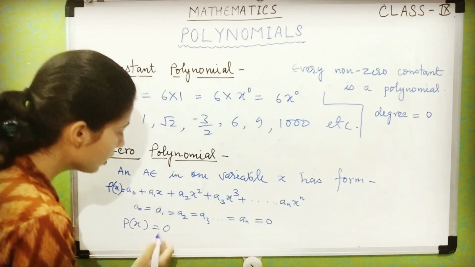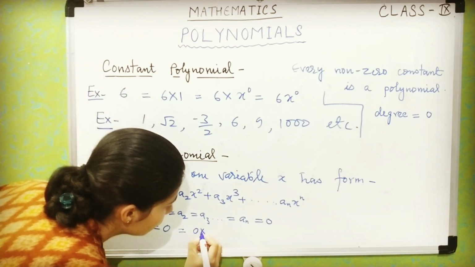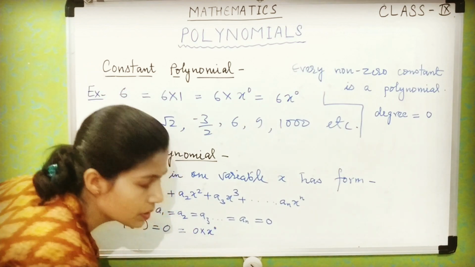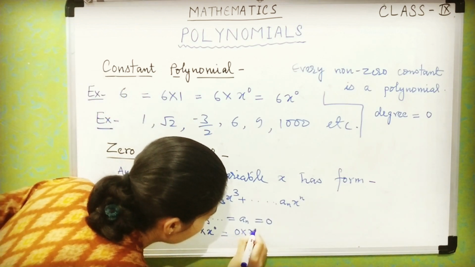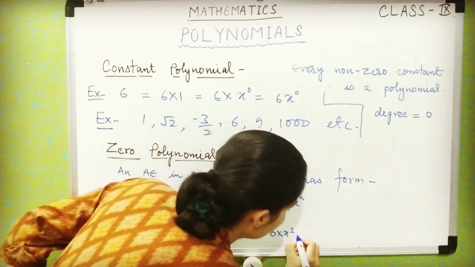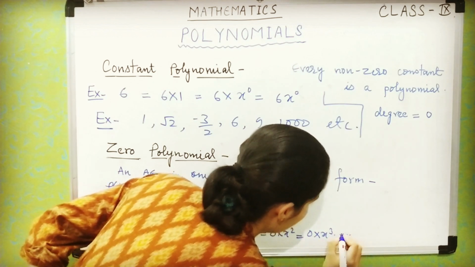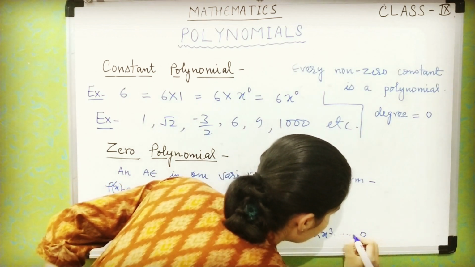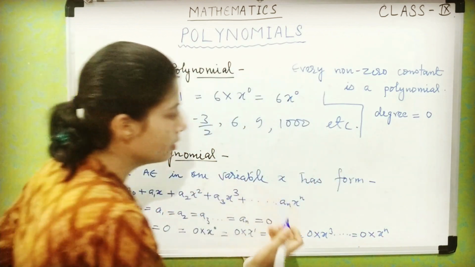You can write it as 0 into x raised to power 0, 0 into x raised to power 1, 0 into x raised to power 2, 0 into x raised to power 3, and like this 0 into x raised to power n, or 0 into x raised to power infinity.